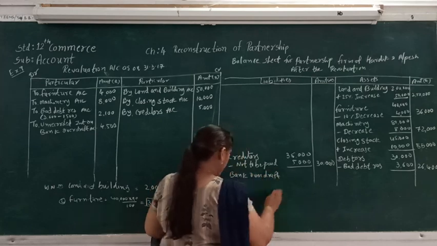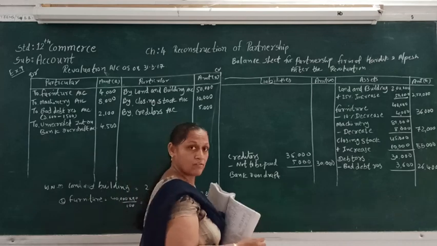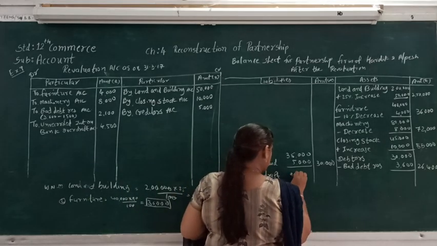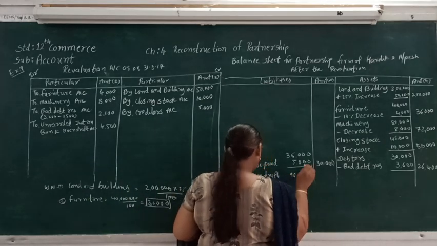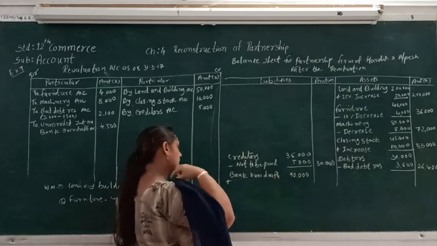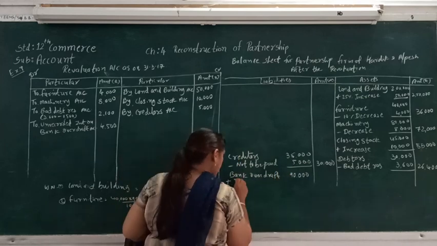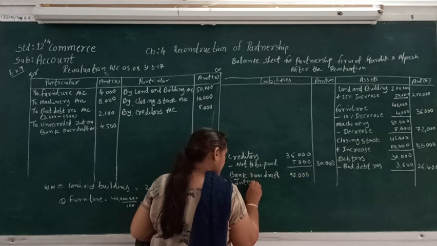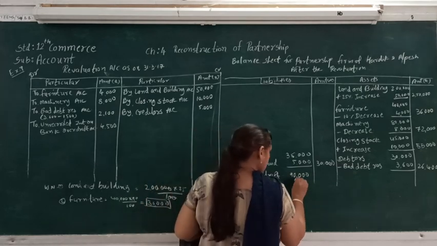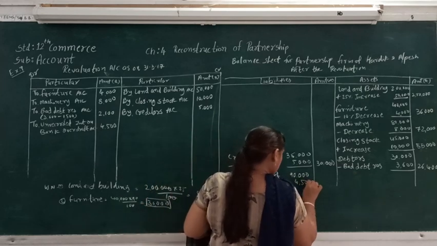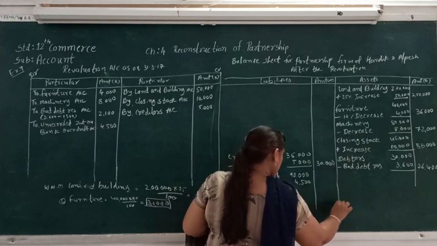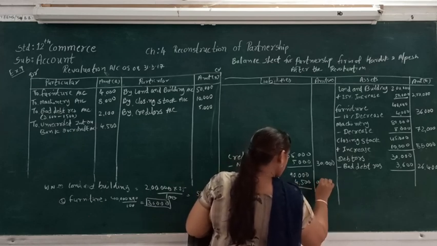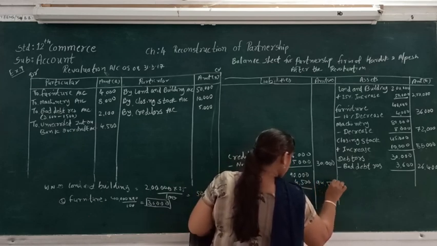So bank overdraft is of 90,000 plus interest will be 4,500. So total will be 94,500.